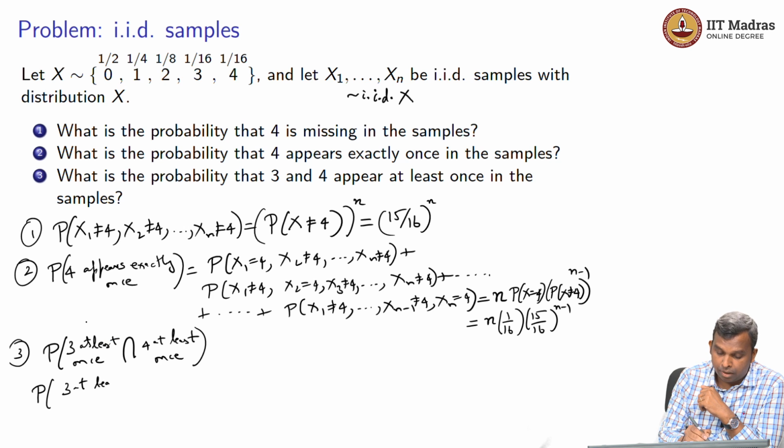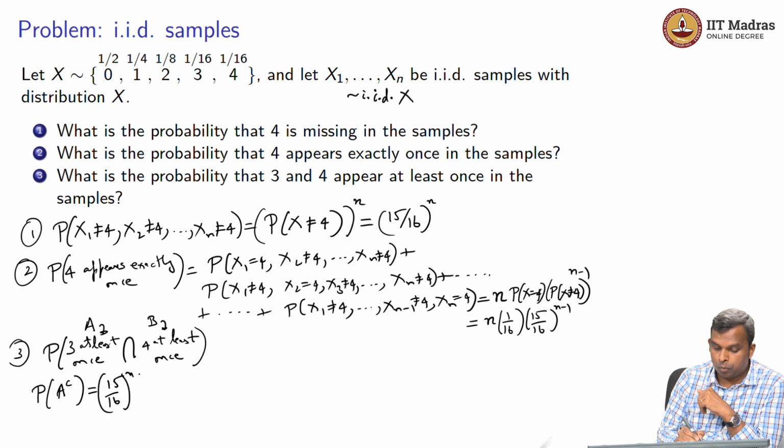Let me call this event A, this event B. It turns out the probability of A complement is easy to find. What is A complement? 3 at least once has the complement 3 never appears. Now that's easy, we have seen this before. It's 1 minus probability of C, that's 15 by 16 power n.